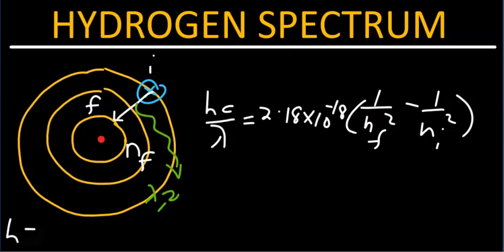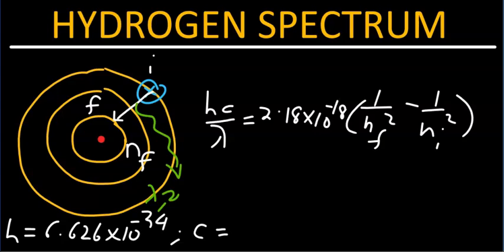h is the Planck's constant. The value is 6.626 times 10 to the power minus 34 joule second. c is the speed of light in vacuum. It's 3 times 10 to the power 8 meters per second. Substituting these two numbers in here, we get the following expression for 1 over the wavelength.